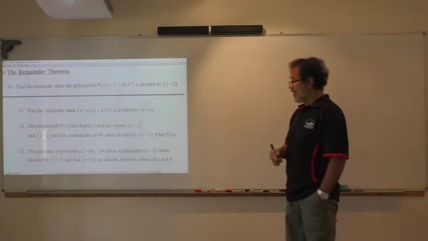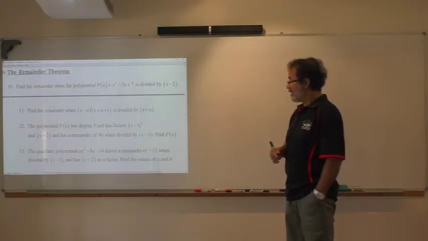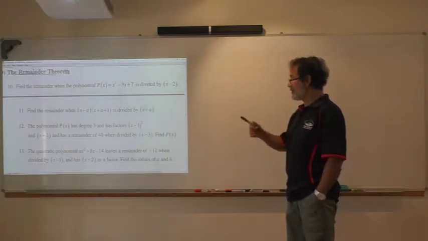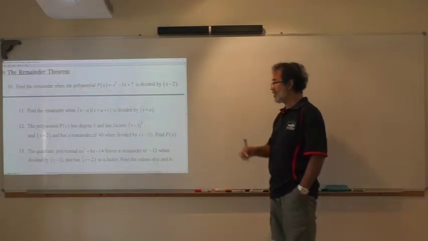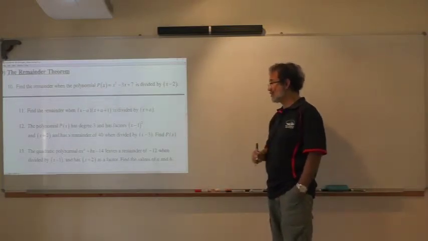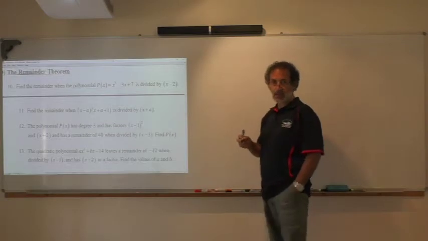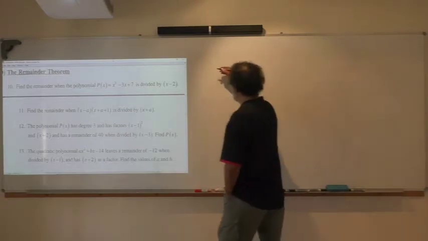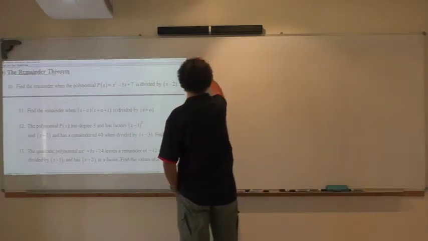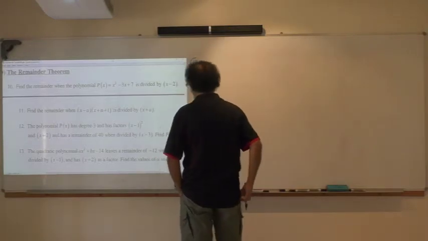The theorem says that if you are going to find the remainder, all you have to do is evaluate that polynomial when x is equal to 2. That is exactly what we are going to do. So this is question 10.